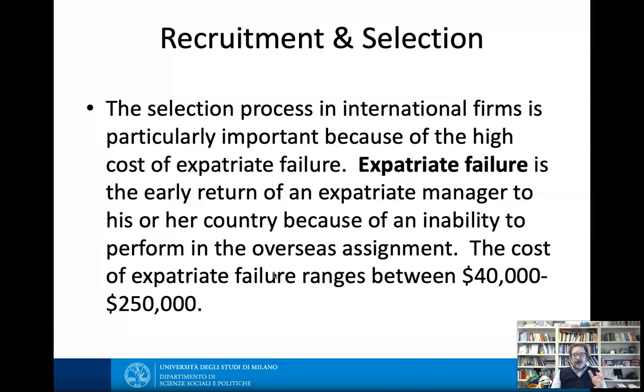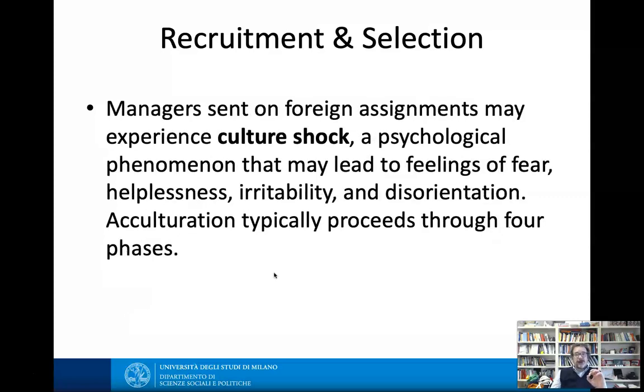That's really a lot of money, and it comes with the added problem that we have somebody who used to be successful, and is not successful anymore, so we are losing also human capital there. We need to be careful then in understanding who we want to choose.